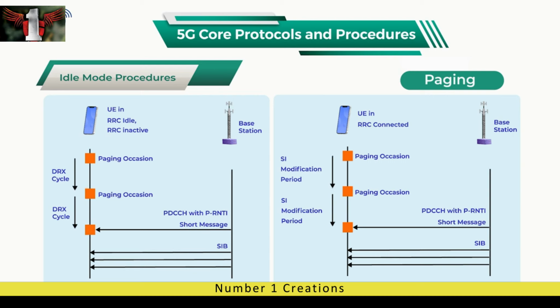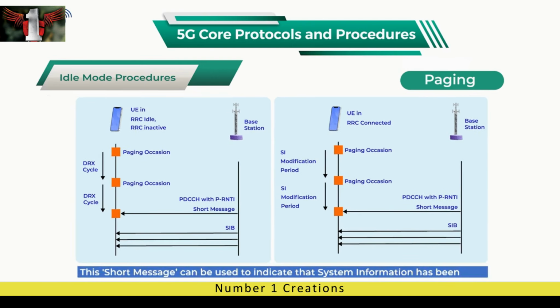Instead, the paging procedure uses only the payload of the PDCCH. Downlink control information DCI format 1_0 can include a short message when the CRC bits are scrambled using the I-RNTI. This short message can be used to indicate that system information has been updated and needs to be reacquired, or there is an incoming ETWS message.